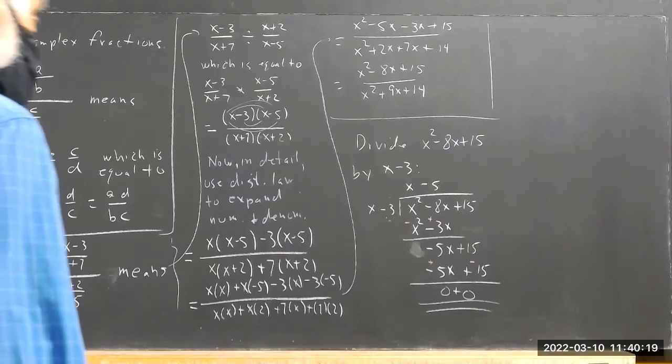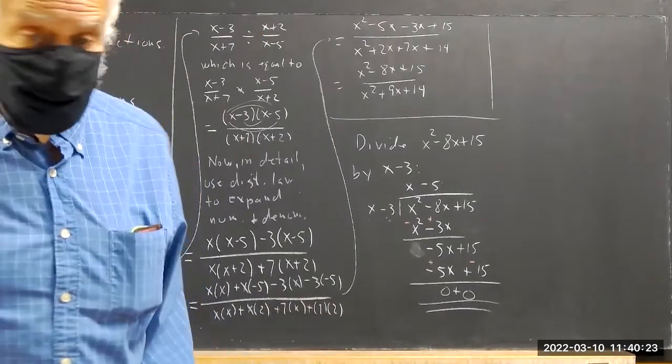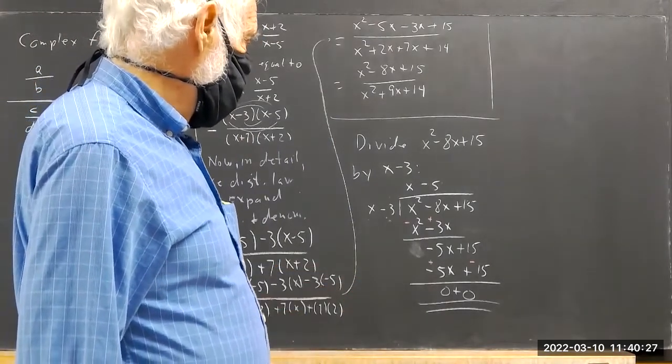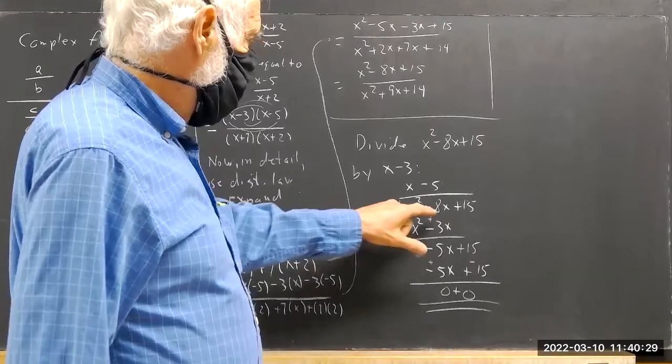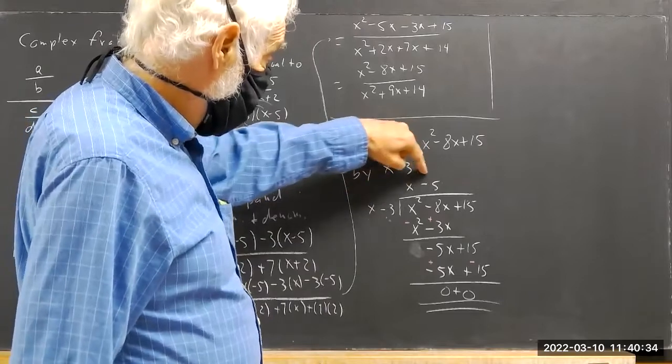What does this tell us? It tells us, just like in long division, if you divide this into this, the result is what you multiply by this to get this.